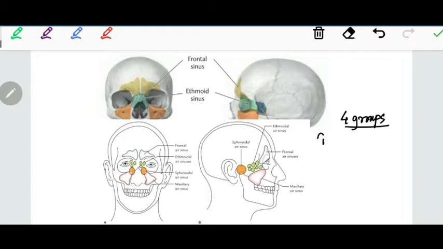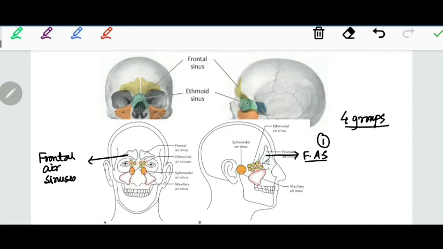Number one are the frontal air sinuses. Frontal air sinus is located in the frontal bone, as the name suggests.